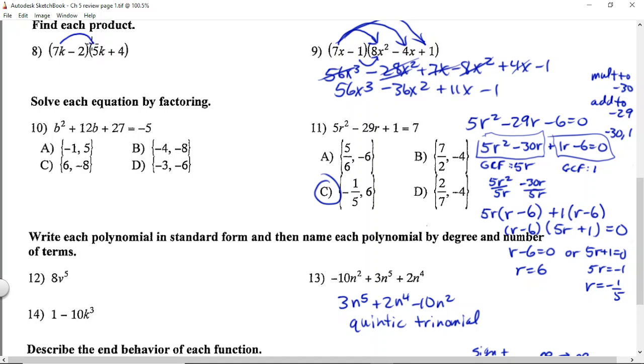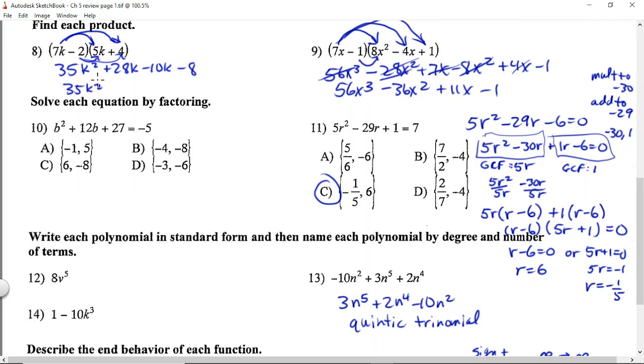So the 7k has to be times each of those. 7k times 5k is 35k squared. 7k times 4 is 28k. Then we take the negative 2 times 5k, which is negative 10k, and we take the negative 2 times 4, which is negative 8. Now we combine like terms.